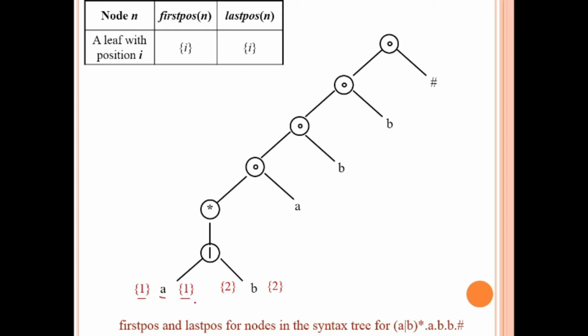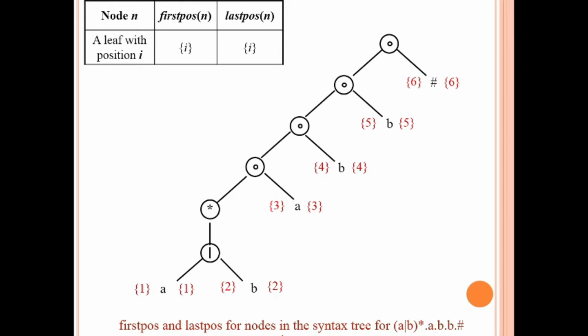Similarly, we can calculate first position and last position of node B, which will both equal 2. Then the first position and last position of the remaining nodes we can calculate, or we can directly write by using their positions. So it gives us something like this.